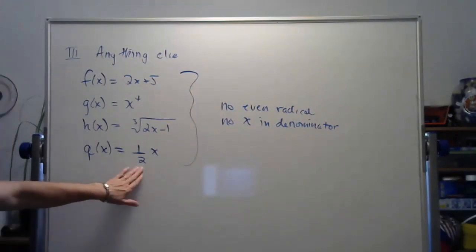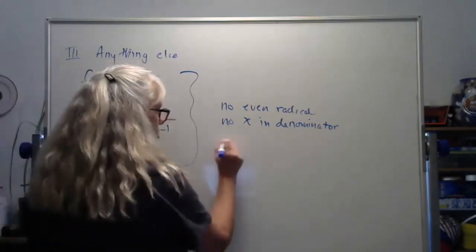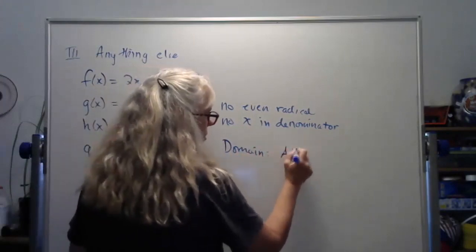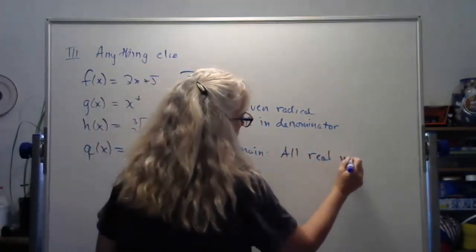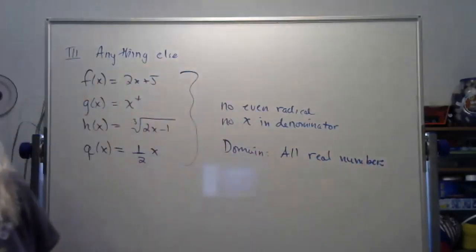I see a fraction, but there's no x on the bottom. So because that is true, then your domain is automatically all real numbers. In other words, you can plug in whatever you want, anything, it doesn't matter, and you will plug in an input and get an output.